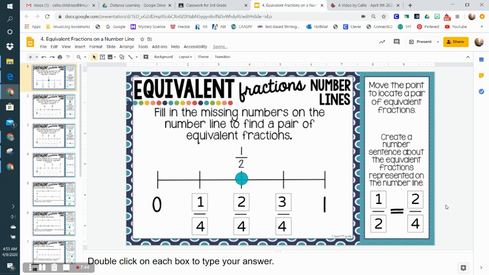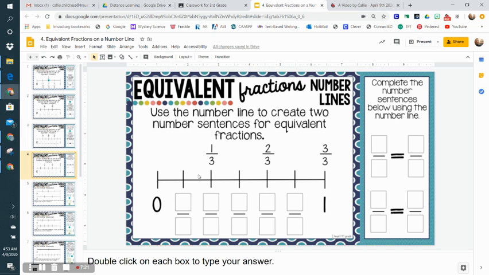And that is what you have to do on this slide. Okay, so you've got 3 parts. You need to fill in the boxes on the bottom of the number line, move the dot, and then create a number sentence about the equivalent fractions. Okay, moving to slide number 4.